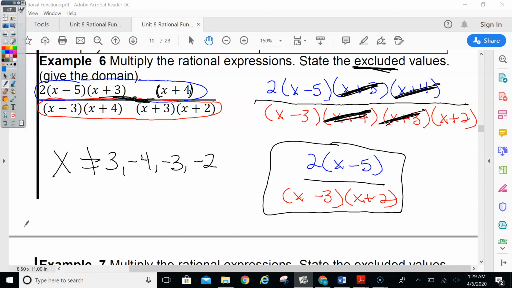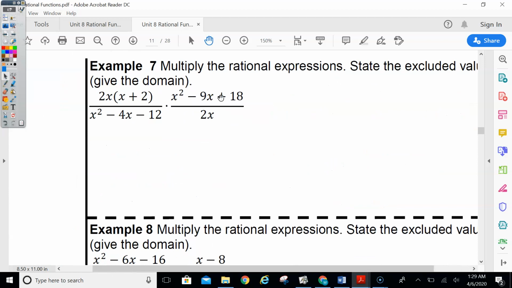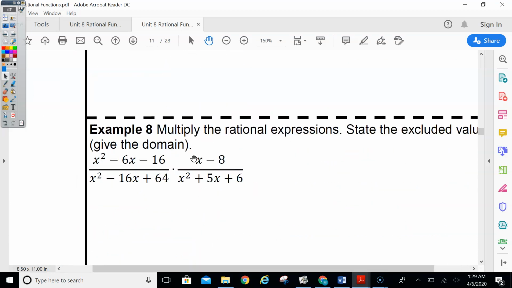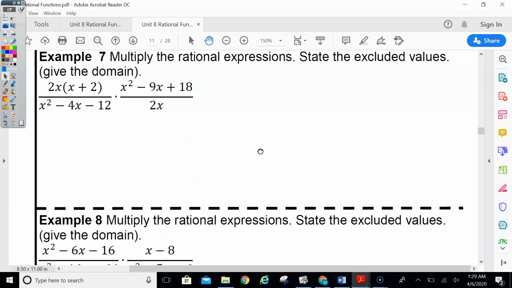So again, it's like we did last time with simplifying, but now we multiply first and then reduce, then cancel them out. Okay, so we have a couple more examples like that, where we have to factor first. We have to use the x to put it in factored form. Again, I'll review the x for this one, but they're all on your practice page, so you can just look at that.